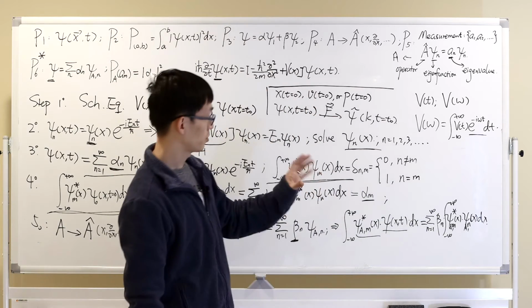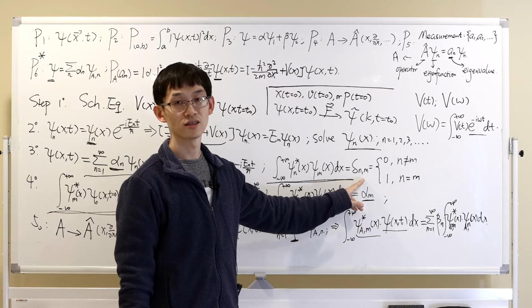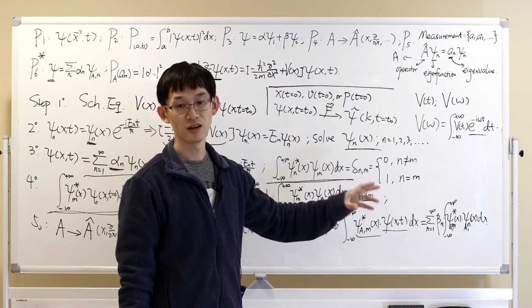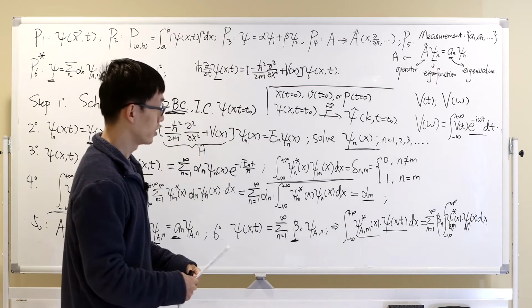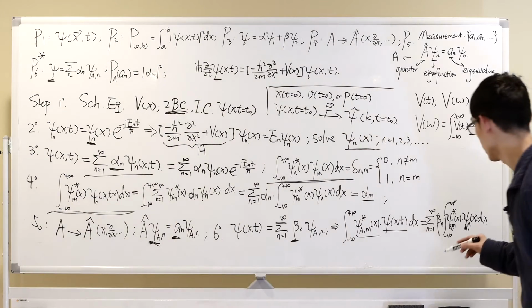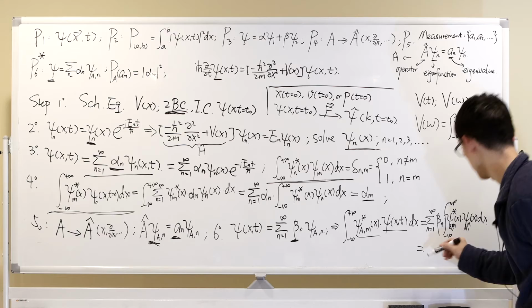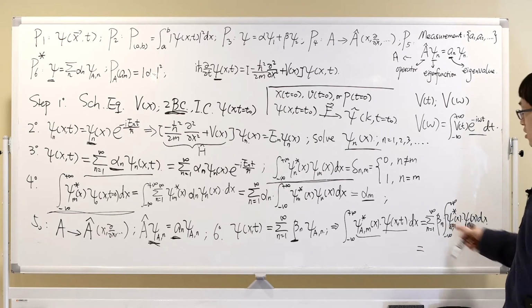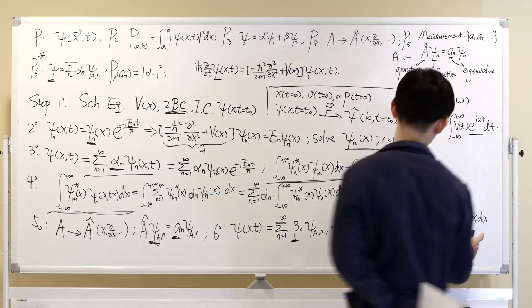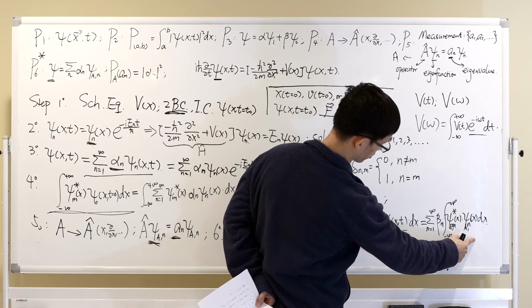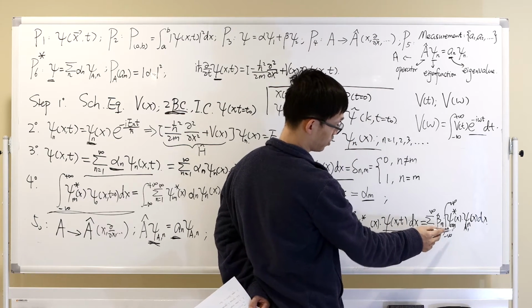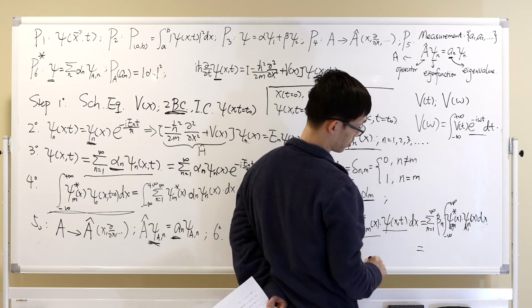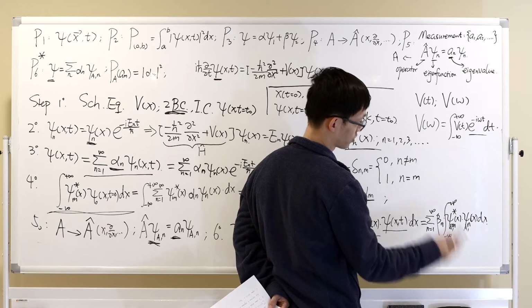And it might seem a little bit odd. Why are all eigenstates orthonormal to each other? Later we'll prove that today for you guys. Here, if this is a delta function, if this is the orthogonal condition, then you know that when n equals m, the result is 1, and when n is not equal to m, the result is 0.